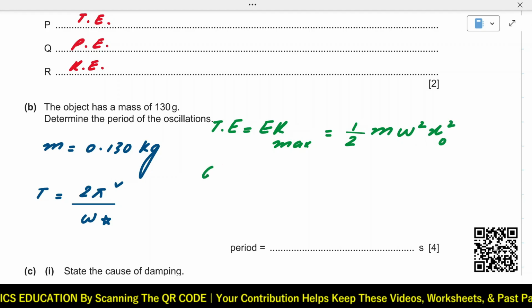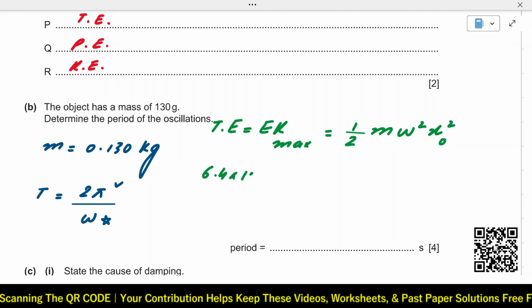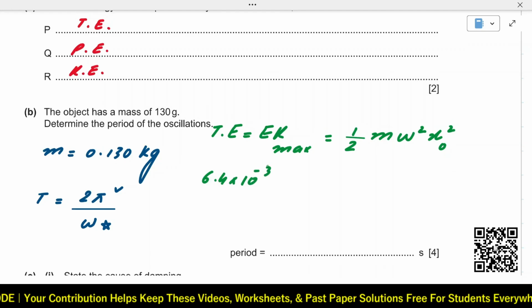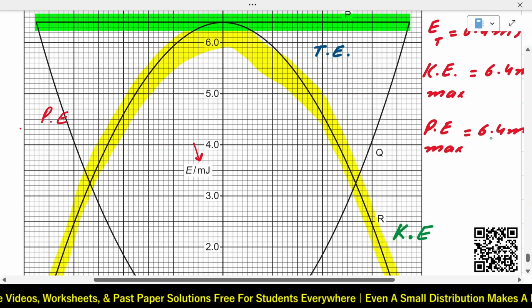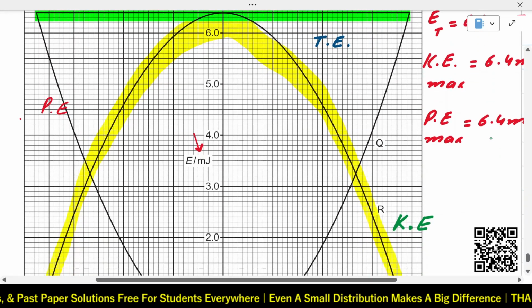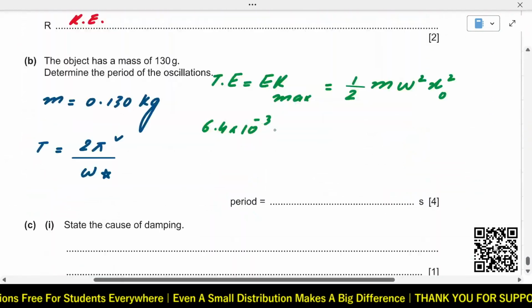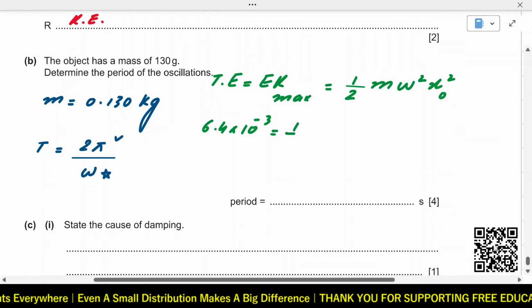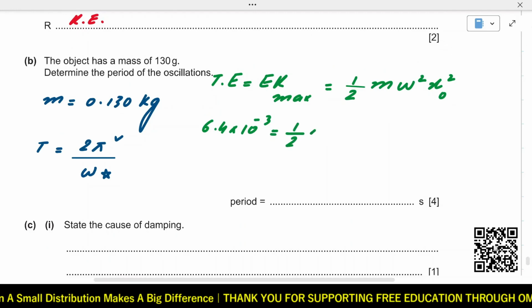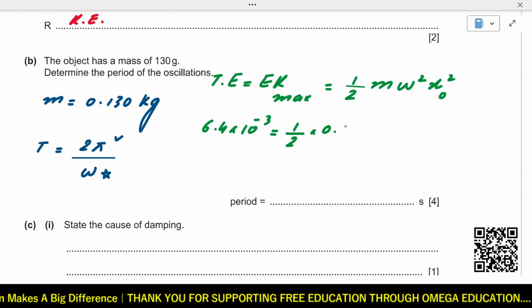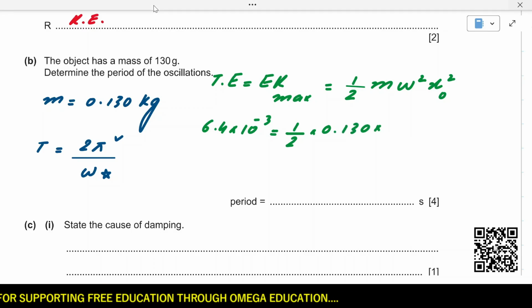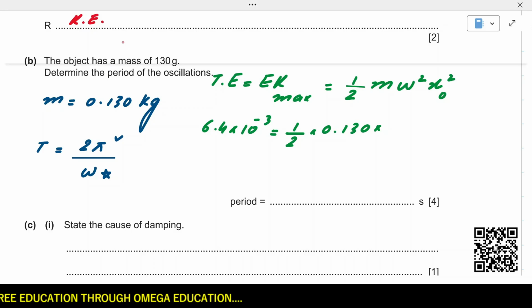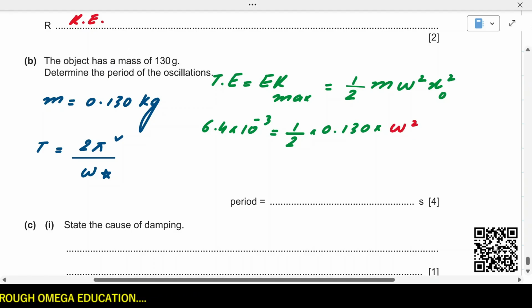What was the maximum energy? 6.4 into 10 raised to the power minus 3, 6.4 millijoules. You see, we wrote it down even before solving the questions. That equals 1 over 2, the mass is 0.130, and I'll just write omega as it is.